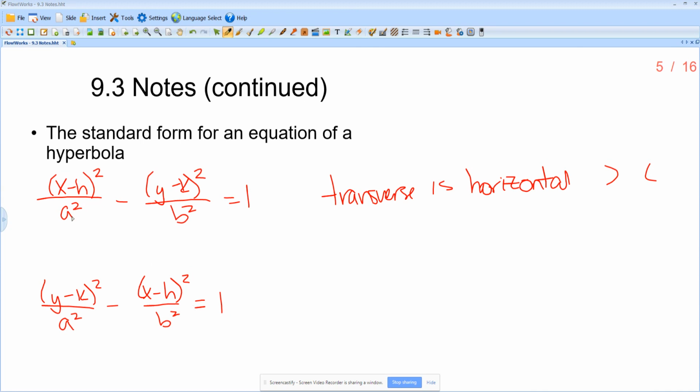So again, with an ellipse, what switches around is a squared and b squared, depending on the transverse axis, which is called the major axis for an ellipse. But for a hyperbola, what's switching is the numerators, and that's still dependent upon that transverse or major axis. So here, the transverse axis is vertical, which means my hyperbola's branches are opening up and down.